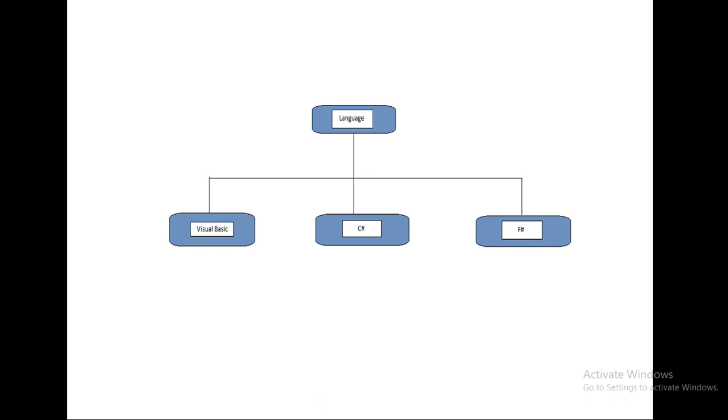There is no need to learn three different programming languages for the same purpose. So here in our .NET full stack developer training program, we will go with C sharp. Why we will go with C sharp, we will discuss in a later slide.